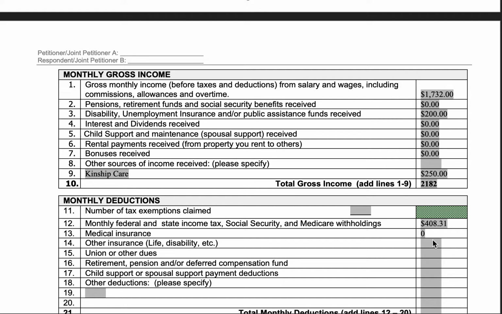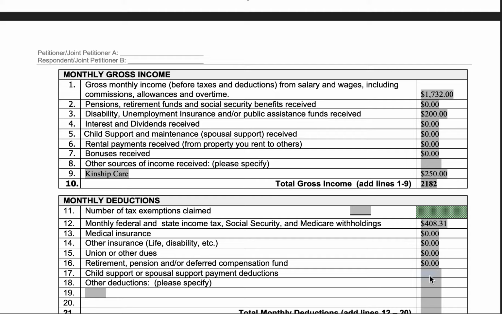If you have any other insurance that gets withheld, so if you have a life insurance policy, short-term disability, long-term disability, you include that there. If you have union dues that are automatically withheld from your check, you'll include those here. If you have a retirement, a pension, or some sort of deferred comp that is, again, automatically withheld from your check, you'll put it there, if not 0.